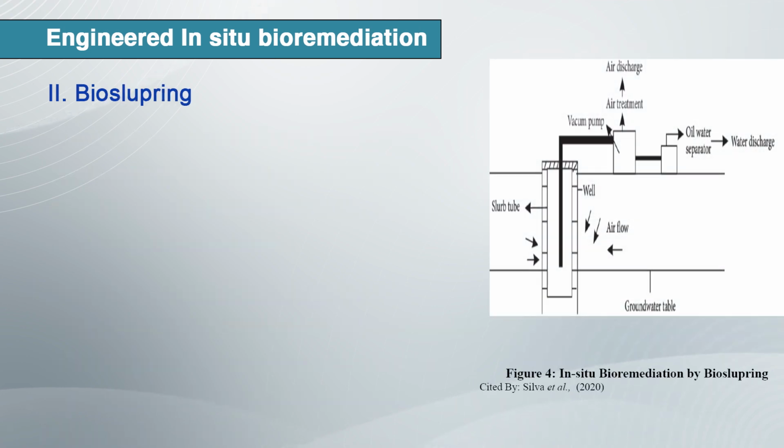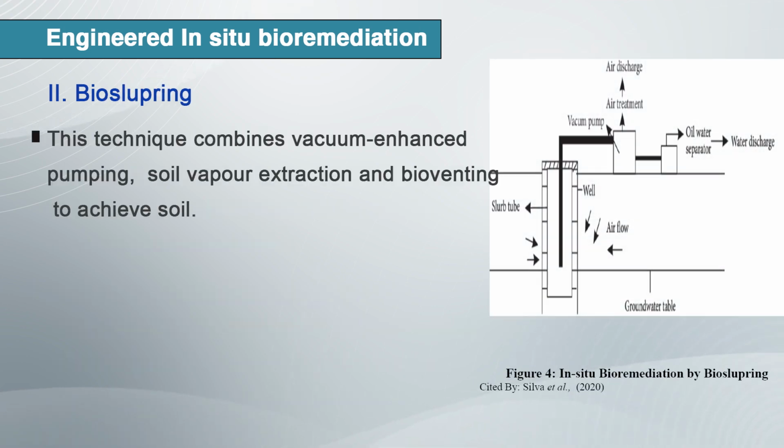Next one is bioslurping. This technique combines vacuum enhanced pumping, soil vapor extraction and bioventing to achieve soil and groundwater remediation by indirect provision of oxygen and stimulation of contaminant biodegradation. The technique is designed for free product recovery such as light non-aqueous phase liquids, LNAPLs, thus remediating.